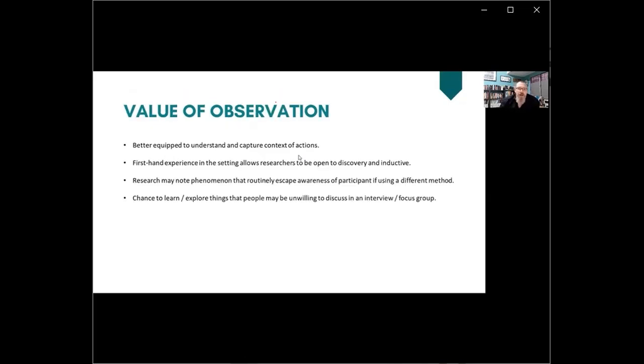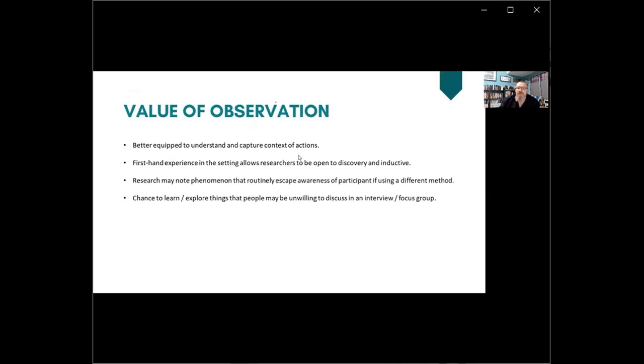The value that comes from observation for the researcher. We're effectively better equipped to understand and to capture the context of actions. So for us, we're able to see the entire sphere of influence in a way that impacts on the decisions of the individuals being observed or the community being observed.